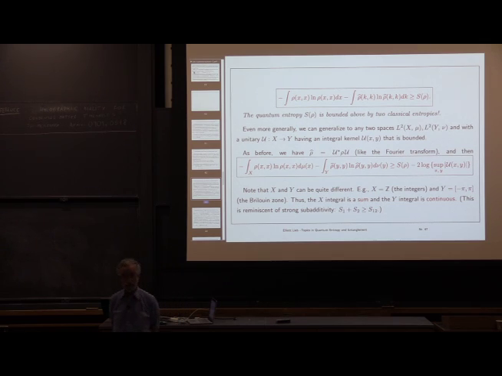In fact, this always happens in statistical mechanics. You take e to the minus p squared minus v of x, right? So if v of x is negative, that thing can be huge.